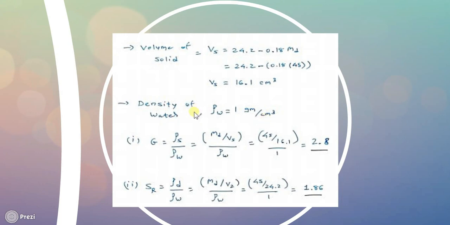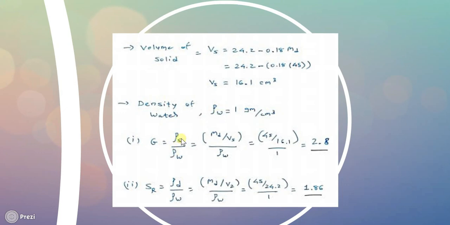Now let us finally find the true specific gravity and shrinkage ratio. For true specific gravity, the formula as we have discussed earlier, we can use gamma s by gamma w or rho s by rho w. Here I am using rho s by rho w because I have volume in cm³ and mass in grams, so I will use the gram per cm³ unit for rho.